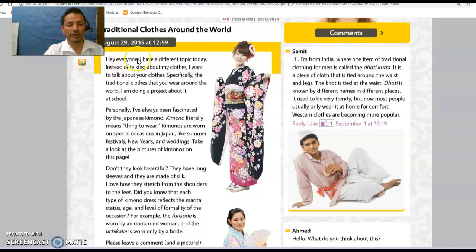For example, here we have want, talk, where, am doing is a verb too. I've been fascinated is also one. Are, warm is also a verb, yes, it is necessary to underline.